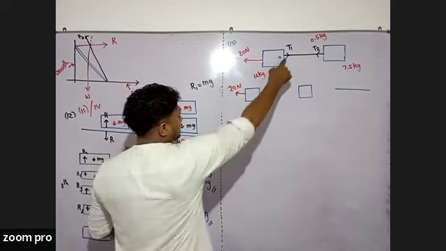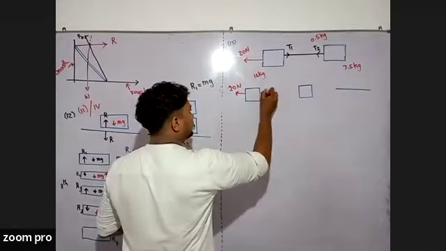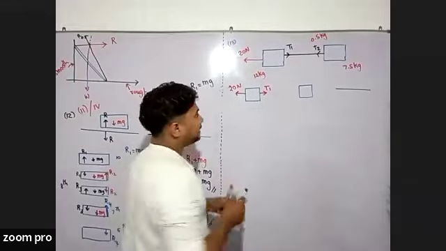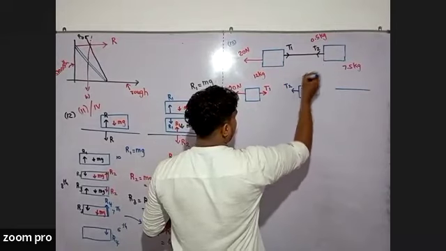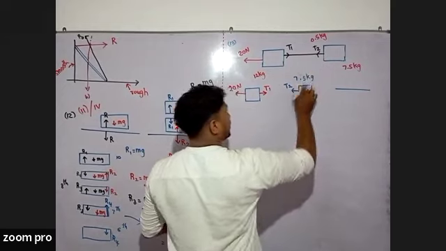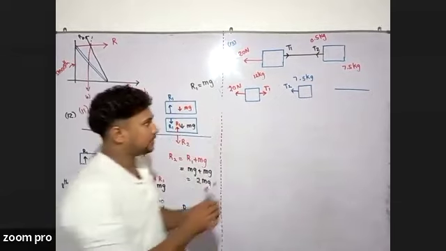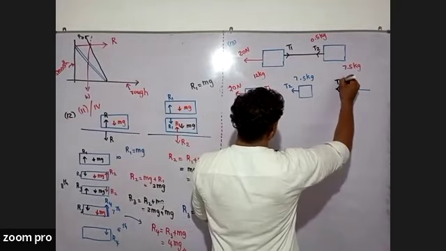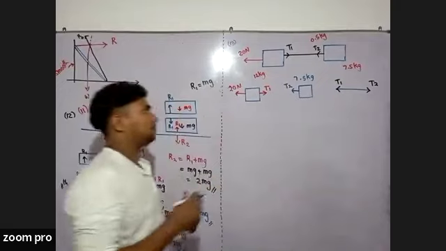Keep in mind that this T1 marked on the string is exerted on the 12 kilogram object, not on the string. And this T2 is exerted on the 7.5 kilogram object, not on the string. But if we isolate the string, the tension forces should be marked in the opposite direction.